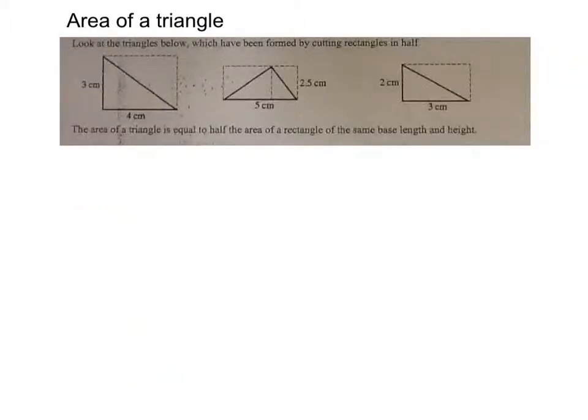So when we're looking at these triangles here, you can see that they're actually a rectangle which is cut in half in a certain way. The middle one might be a little bit harder to identify, but if you were to cut out all of those little individual triangles, you could reposition them all so that it does actually turn into a rectangle.